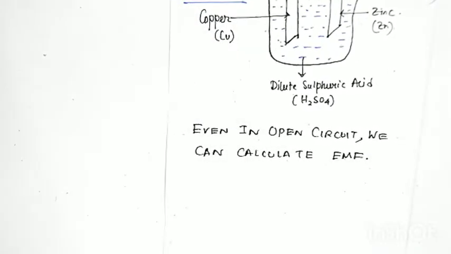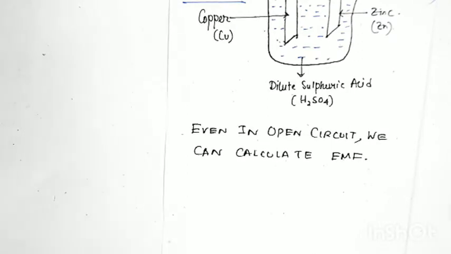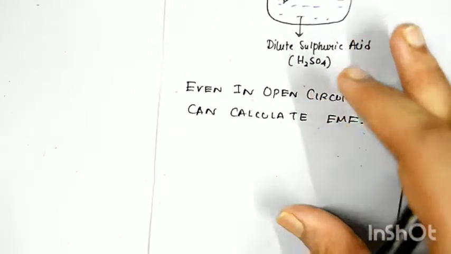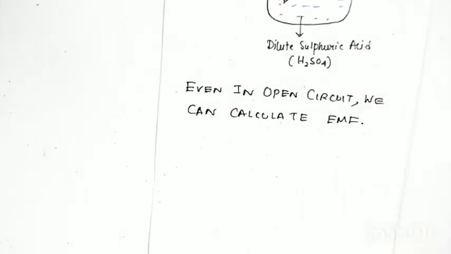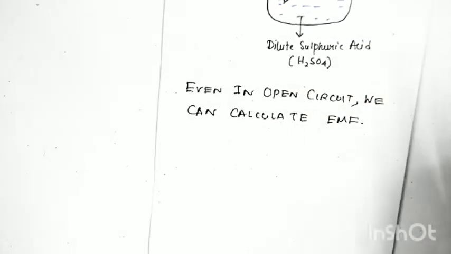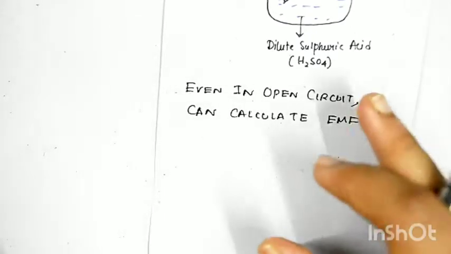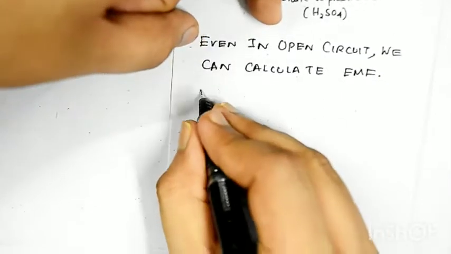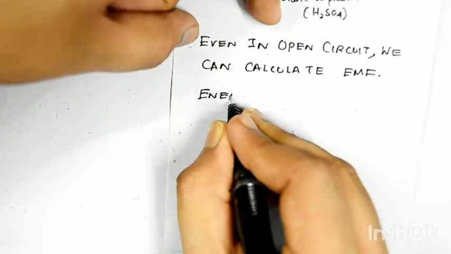But do we calculate this potential difference every time? We will see that later. If I try to define the EMF of a cell, it is the energy spent per unit charge, quite like potential difference.